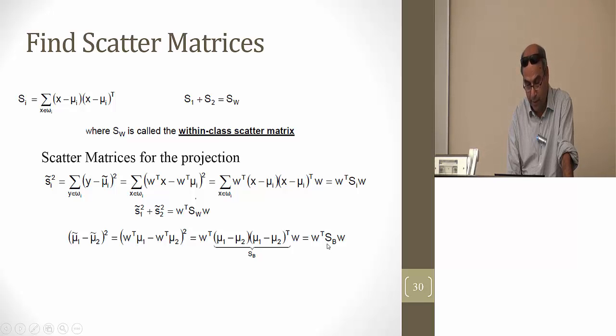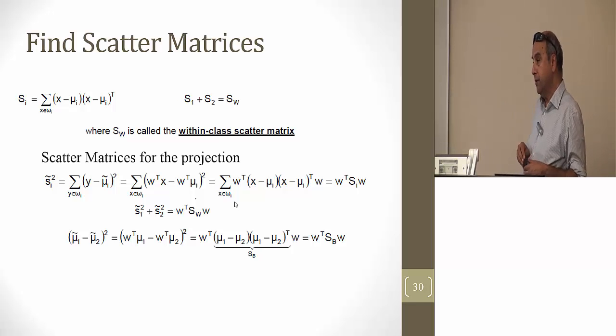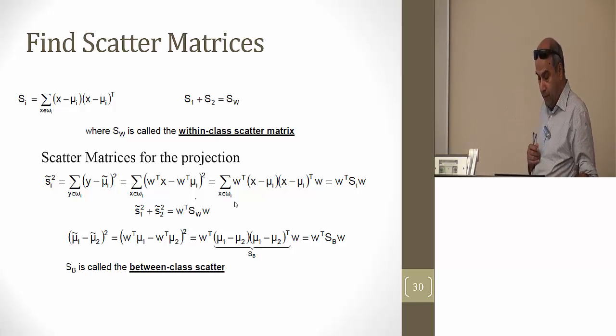We'll call this one SB, which is the between class scatter matrix, because here we're using mu1 and mu2, the difference between them. So this is the between classes, this is the within classes. So we have two matrices, SB and SW, and those are what we're going to use.